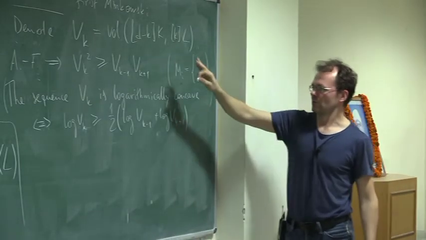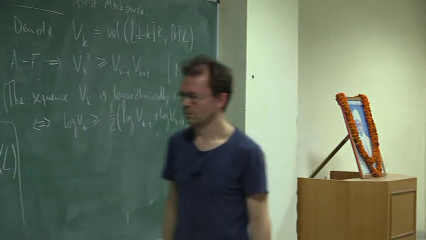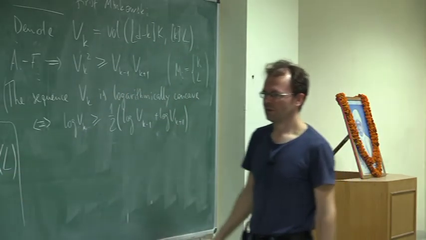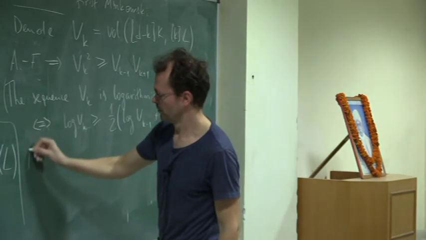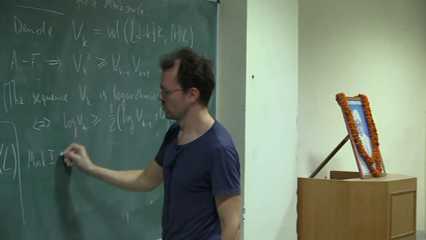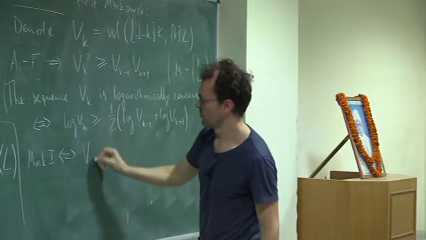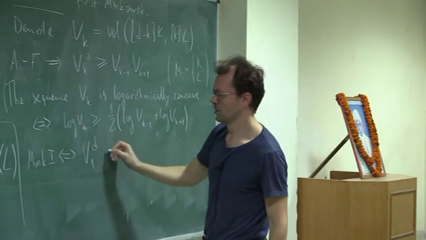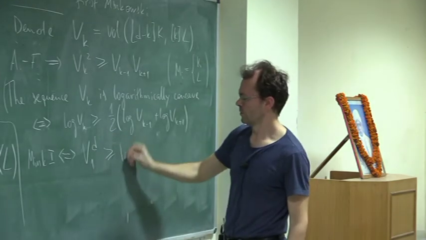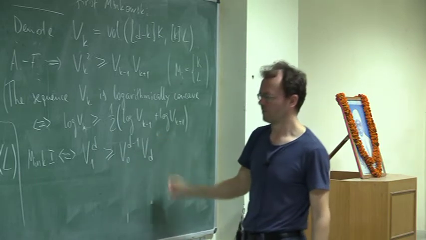Okay, so let us take this inequality in this form, and let us see what has to be proved in the first Minkowski inequality. The first Minkowski is equivalent to, in our new notation, V1 to the power D is bigger or equal than V0 to the power D minus 1 times Vd.